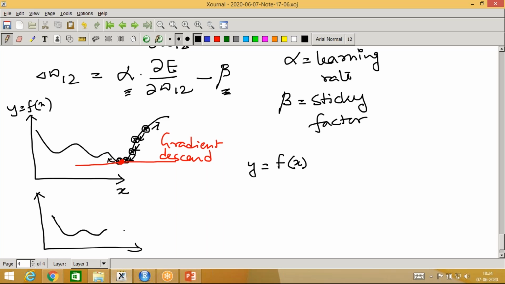I start from here and give a jump of this much. Then I reach here, so the error is reduced. Then the next x-axis jump is this much. Next x-axis jump is this much. So I reach here, which is not the minima.